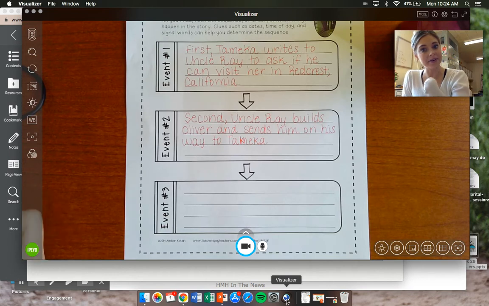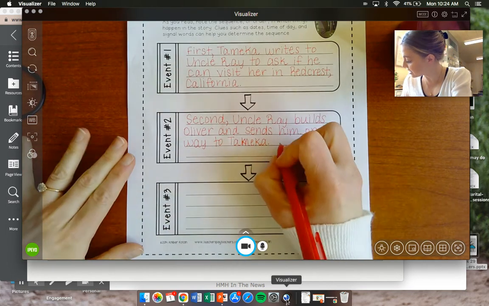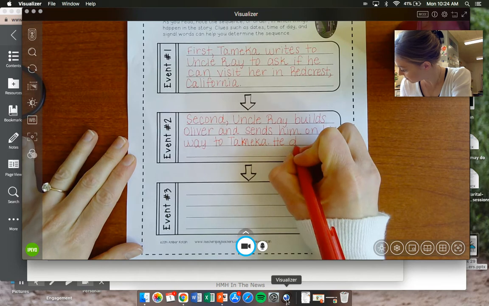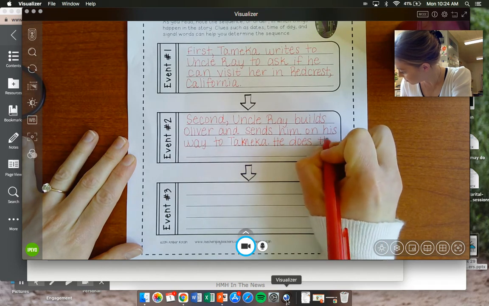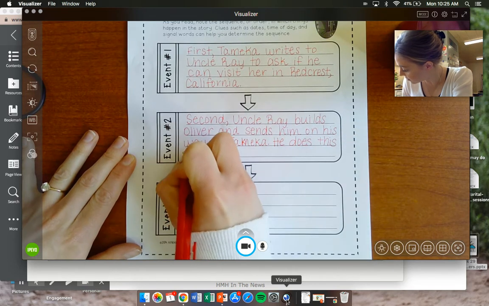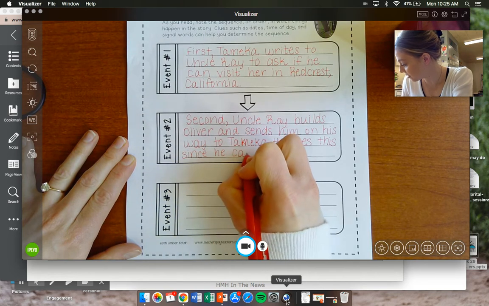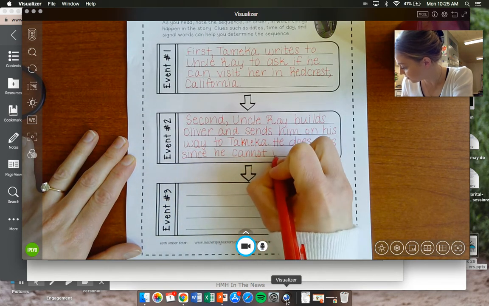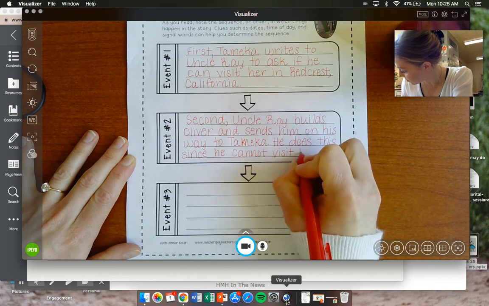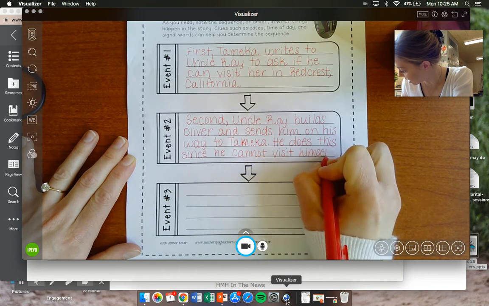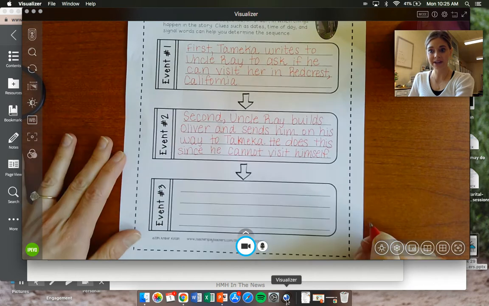So he's sending Oliver there for her. So he does this since he cannot visit her himself. So that is why Uncle Ray sends Oliver, which is a very clever idea.